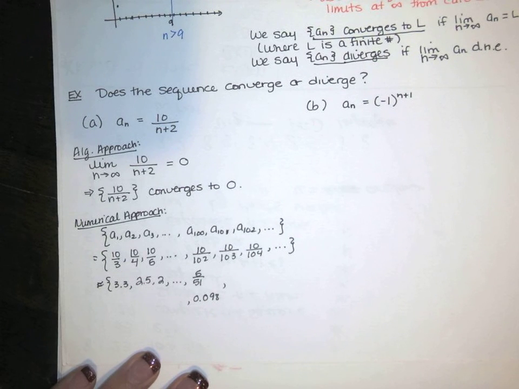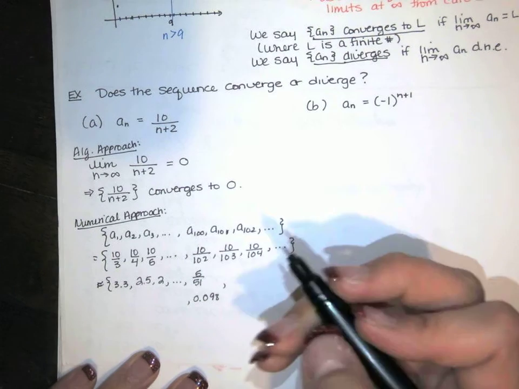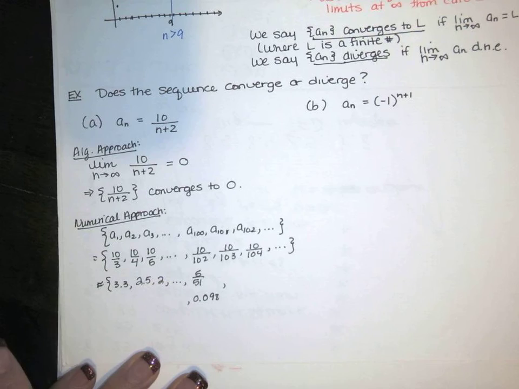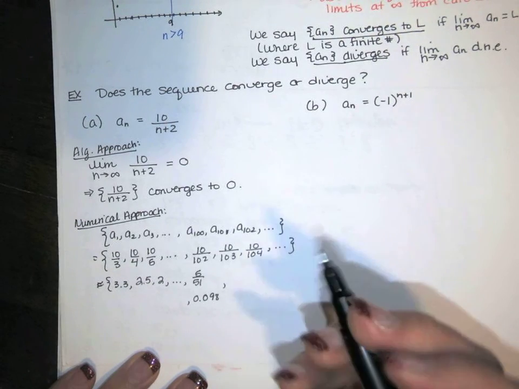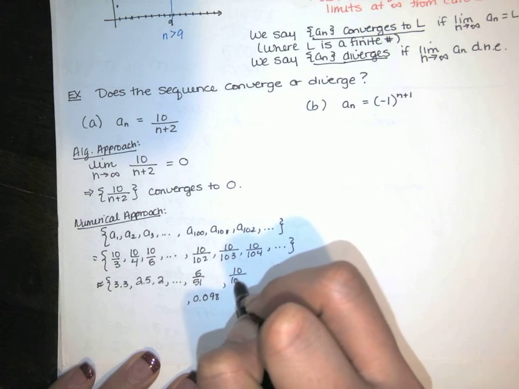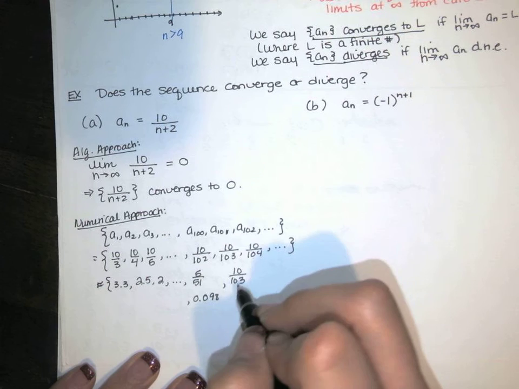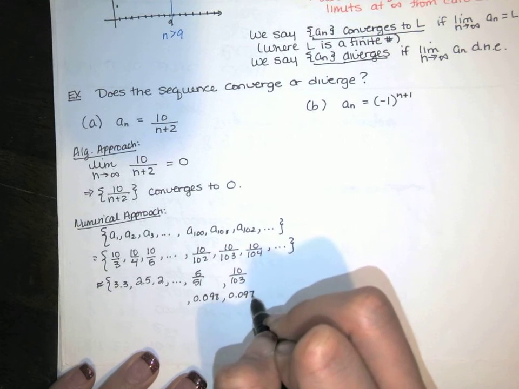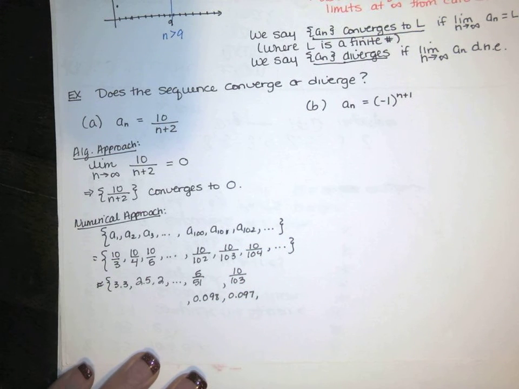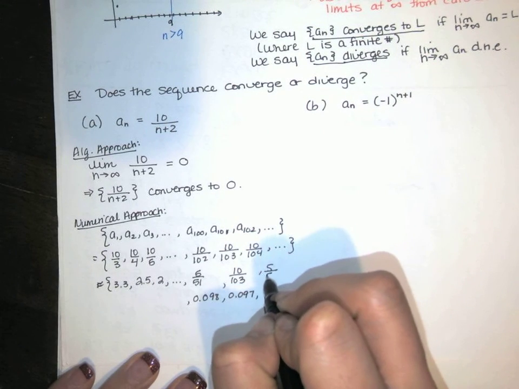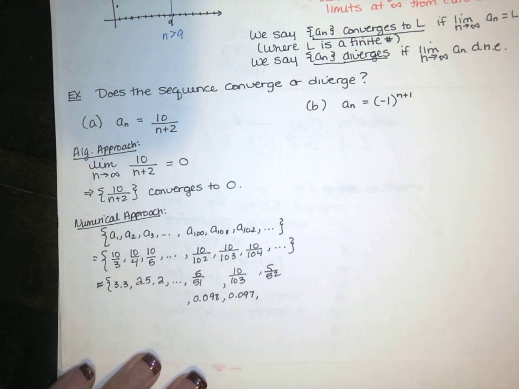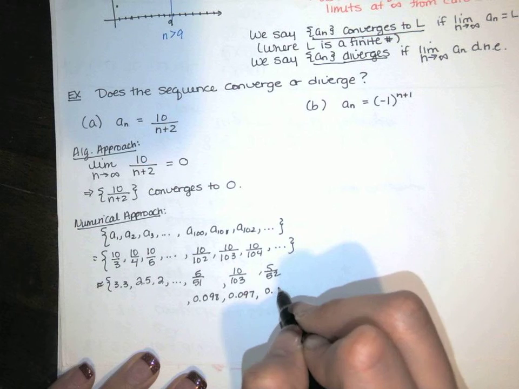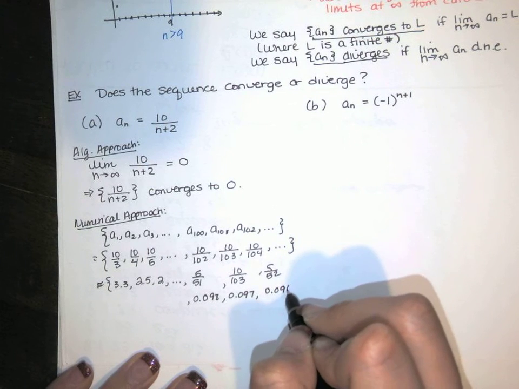And then 10 over 103 does not simplify at all. But that's 0.097. And then 10 over 104 simplifies to 5 over 52. I'm using my calculator over here on this side to get these decimal approximations.